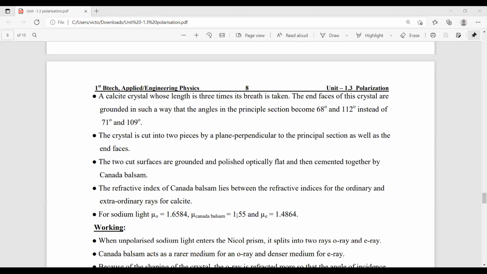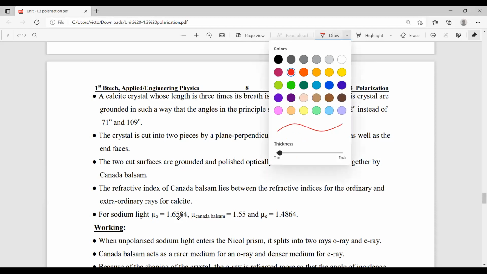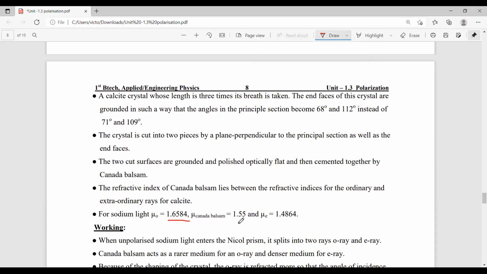That is, Canada balsam acts as a rarer medium for the O ray and a denser medium for the E ray.